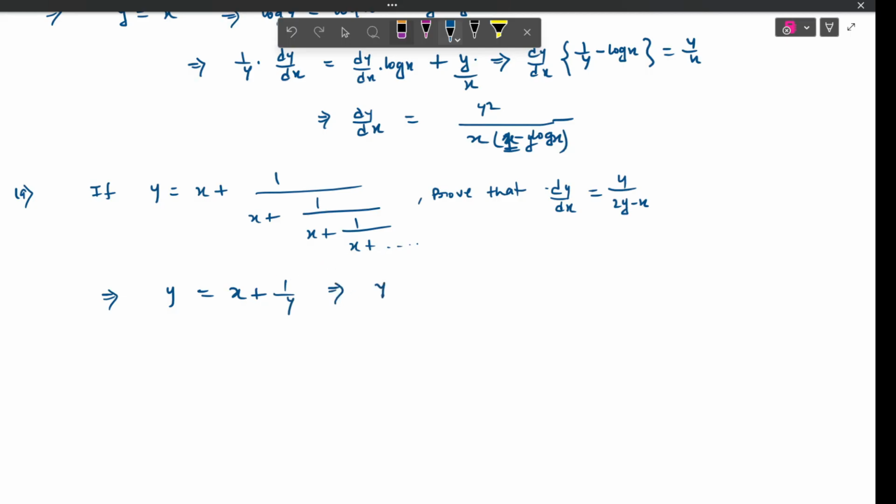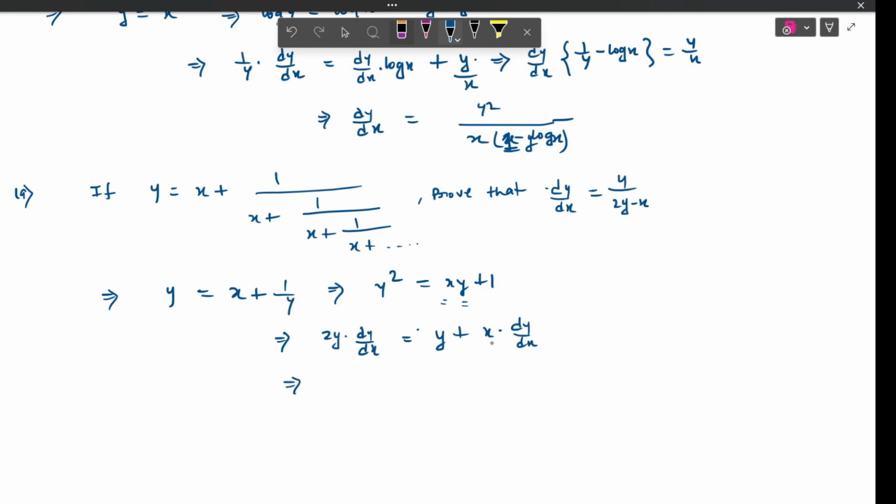If we take LCM, it will be y square equals to xy plus 1. And if we do differentiation on both the sides, it will be 2y into dy by dx equals to, if you apply u into v rule, so it will be y. If you take y, differentiation of x would be 1 plus x differentiation of y would be dy by dx, and differentiation of 1 is 0.